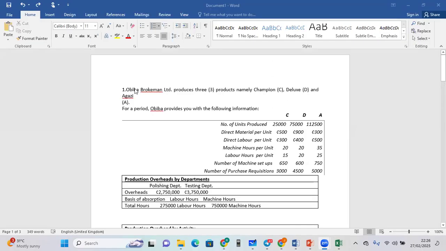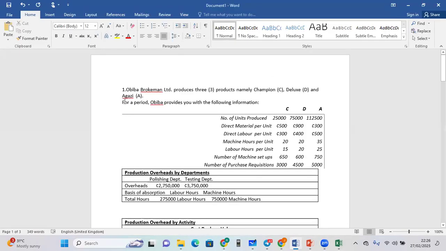All right. So the first question: Obiba Brookman Limited produces three products, namely Champion, Deluxe, and then Agazi. For a period, Obiba provides you with the following. Number of units produced is this. Direct material per unit is this.